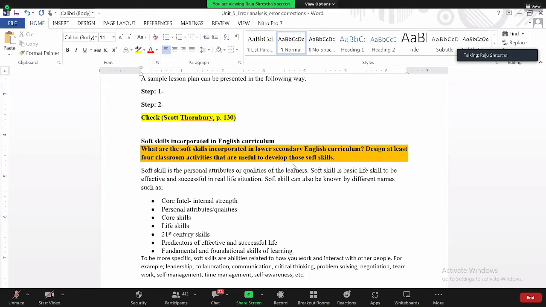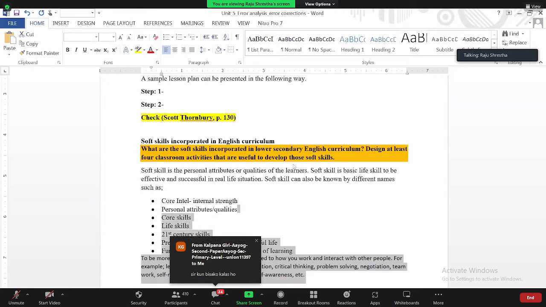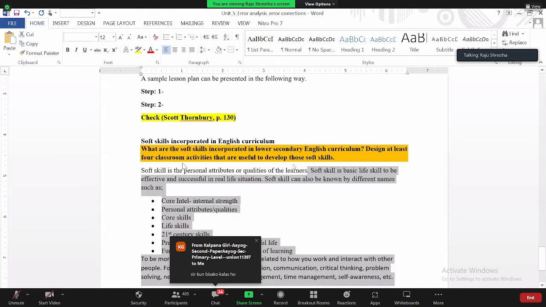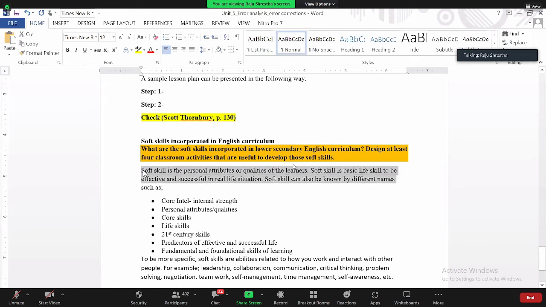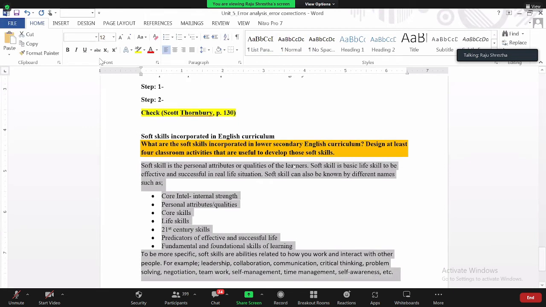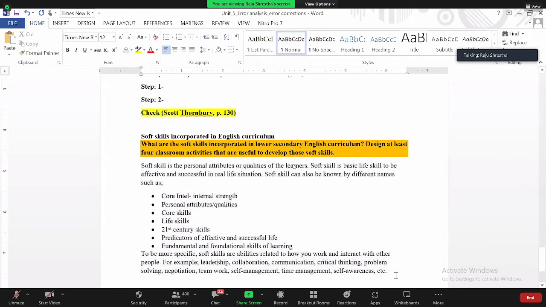So these are such qualities that develop, but they themselves are not the content areas to be planned and taught. These are the areas we develop as a byproduct. So in this way we have to understand.